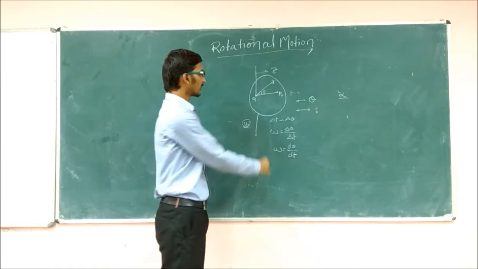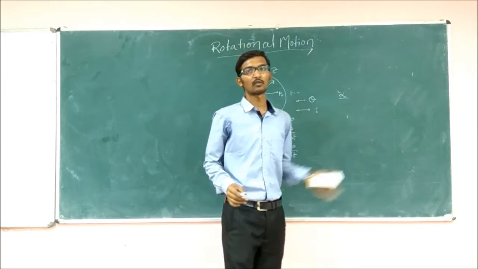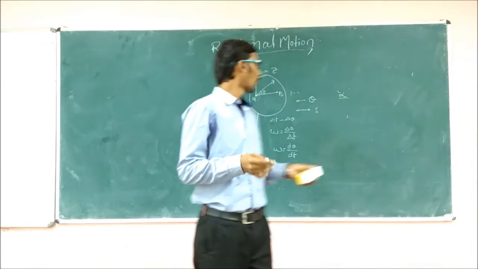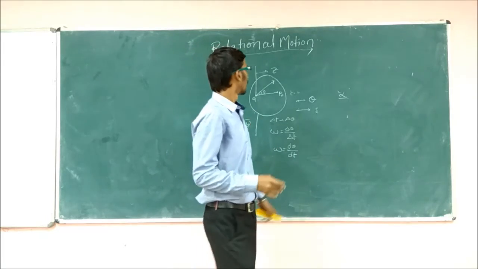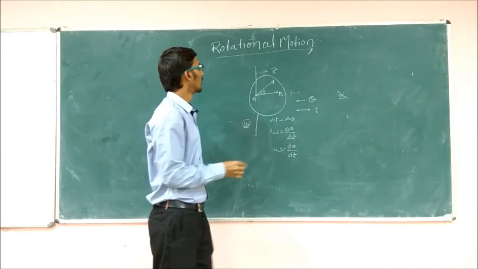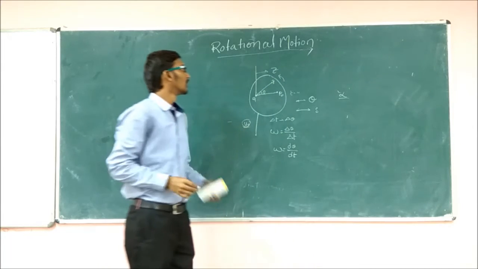So angular velocity, angular displacement, and angular acceleration are vector quantities, and they should have a particular direction. So what is the direction of these vector quantities? For example, if you consider this, it is said to be in the anti-clockwise direction.